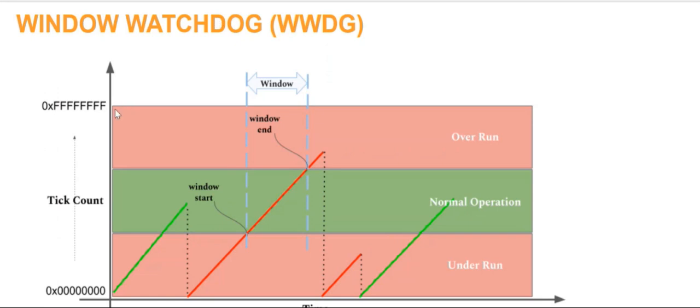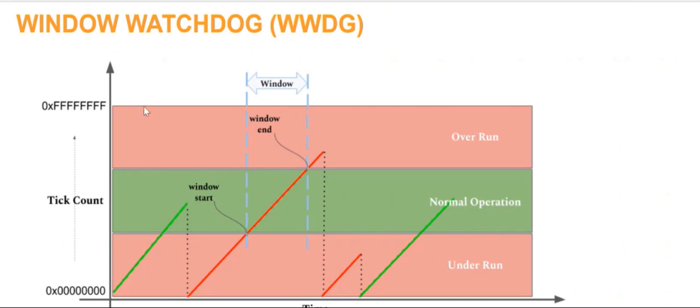If you see the upper one, 0x FFFFF, this is nothing but, during configuration, we have reloaded the window WatchDog variable with some value, and this is nothing but a timeout value for our WatchDog.